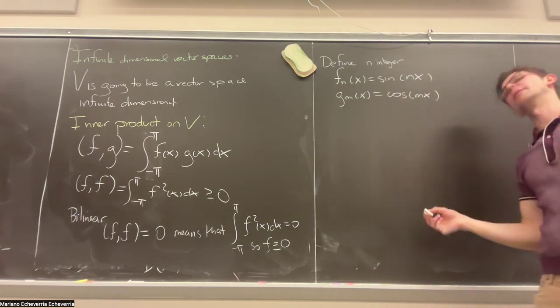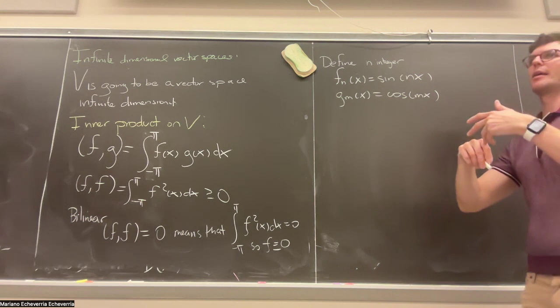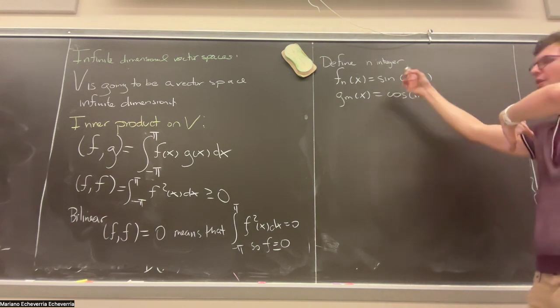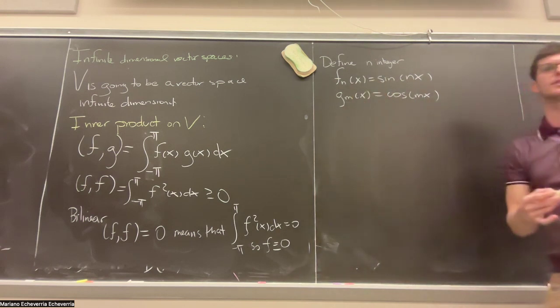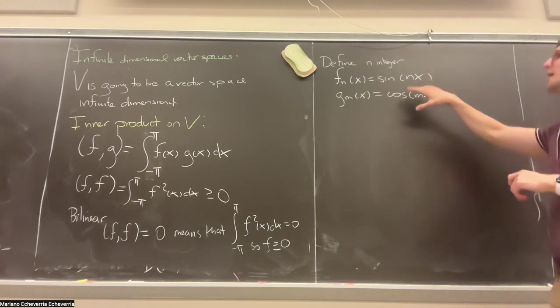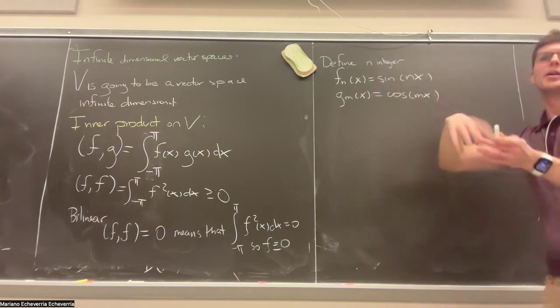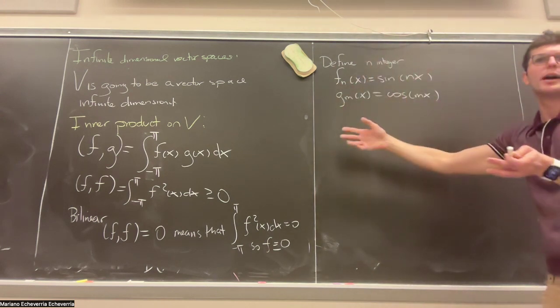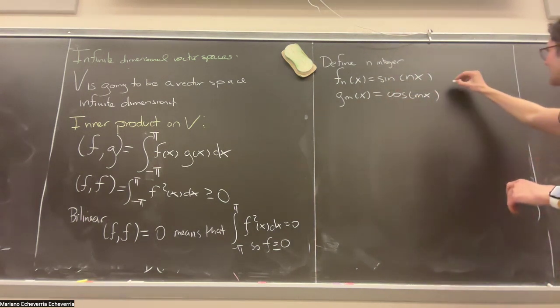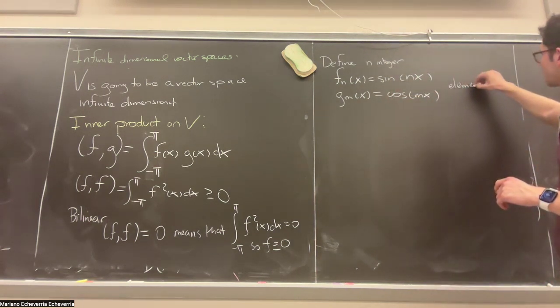They have periods less than 2 pi, but in particular, they do repeat their values after 2 pi. By period, I don't mean the smallest number. I just mean that after 2 pi, you return to your value. So something like sine of 2x has period pi, but in particular, it repeats itself after 2 pi, so they're all elements of this vector space.